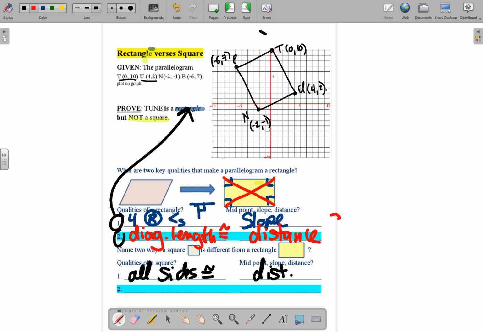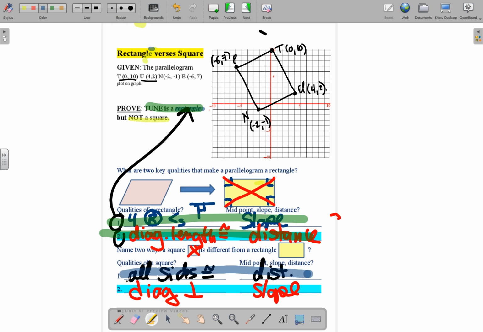Also, the diagonals would be perpendicular because it's a rhombus as well, and to do that is slope. So you actually have a choice here. You do one of these two to prove the positive, and then one of these to disprove the negative.